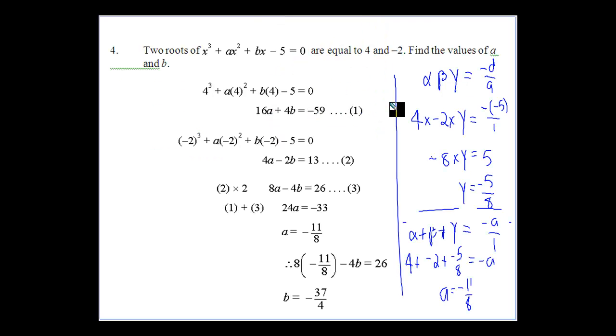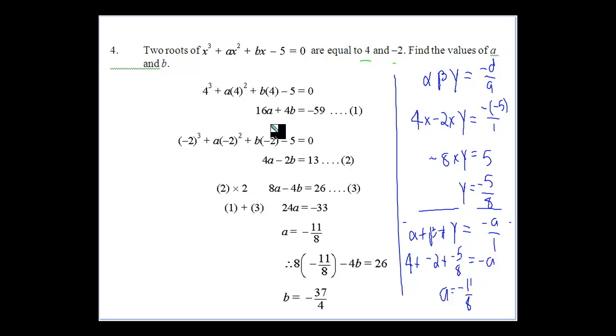I've done this question 2 ways, so you can use whichever one you like. We're told 2 roots of this equation are equal to 4 and minus 2. Now, the first way I've approached it is to say, well, if you've got a root of 4, that means when x is equal to 4, y is equal to 0. So it means that must satisfy that equation.